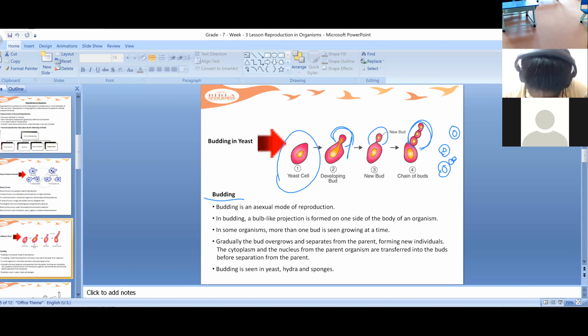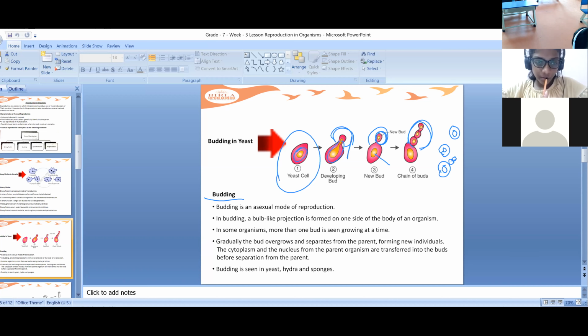Inside there is a nucleus. Here you can see the nucleus inside. It is filled with cytoplasm, and the nucleus from the parent organism. The new buds also get the cytoplasm as well as the nucleus.